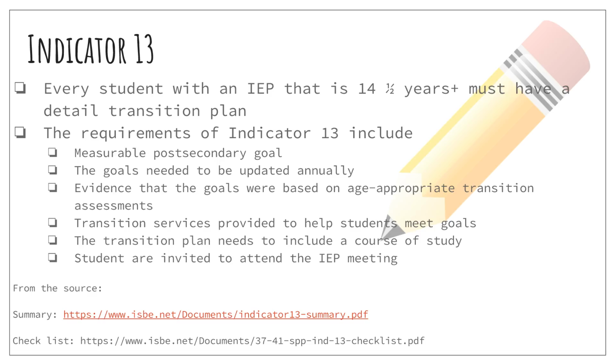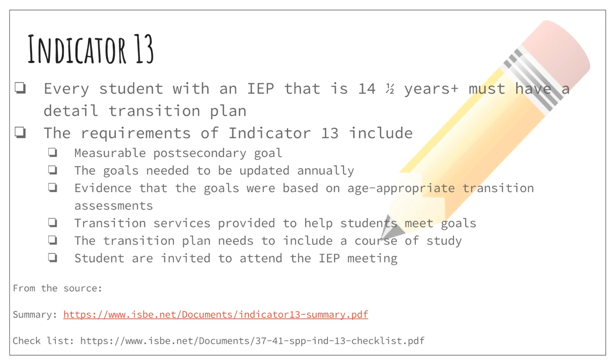So you would fill out the indicator 13 checklist, and those requirements include measurable post-secondary goals, the goals that need to be updated annually, evidence that the goals are based on age-appropriate transition assessments, transition services were provided, and the transition plan needs to include the course of study. Students also need to be invited to attend the IEP. So if you've met all of those requirements, then your indicator 13 shows that you are in compliance.